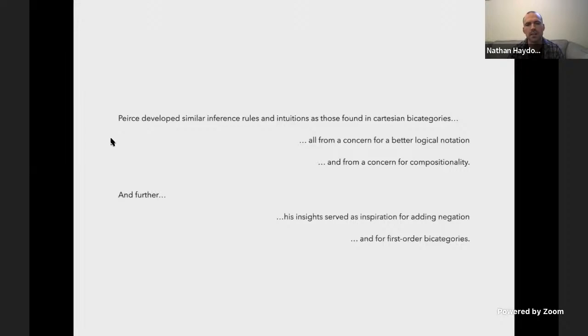And further, his insight serves as inspiration for adding negation in contemporary work on Cartesian bicategories, and then this further project that I just mentioned about what are called first-order bicategories. And I take this to be a nice example of how a concern for notation, even if it was 100 years ago or seemingly distinct from present work, could still lead to some remarkable results and some remarkable ways of thinking about math and logic.